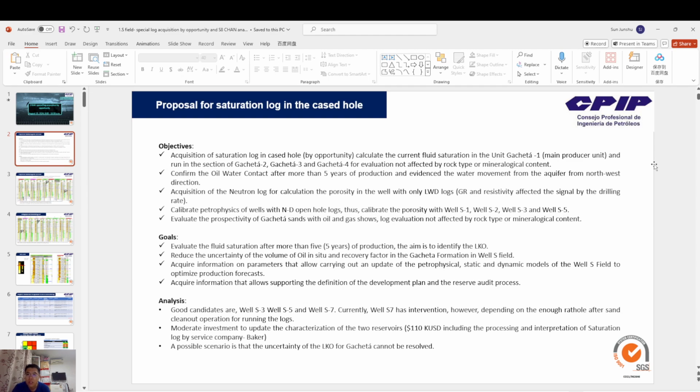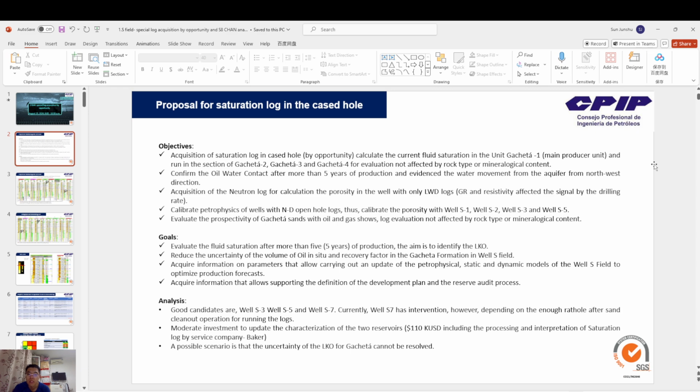Analysis. Good candidates are well S3, well S5, and well S7. Currently, well S7 has an intervention. However, it depends on having enough rat hole after the sand clean out operation for running the logs.